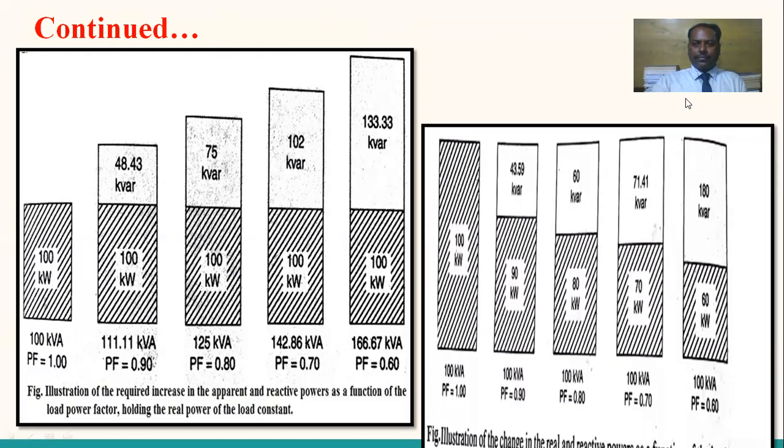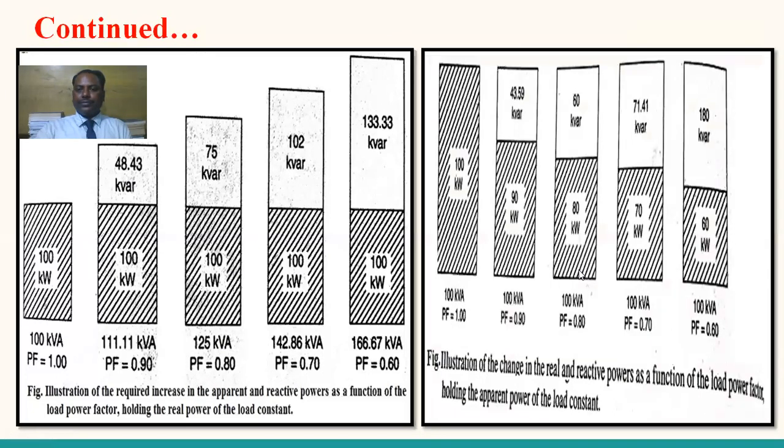Now observe this, keeping kVA constant. This illustrates the change in the real and reactive powers as a function of the load power factor, holding the apparent power of the load constant.